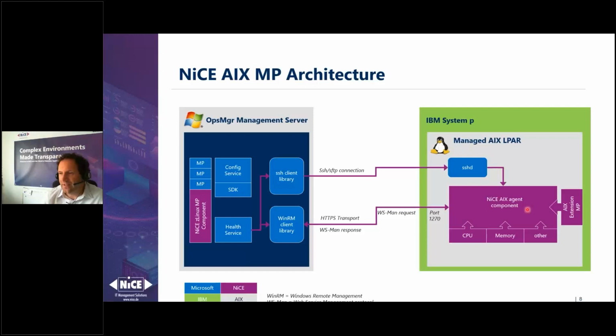The requests come from the management server to the OMI server process, and the data required for monitoring, like CPU usage and memory usage, are provided by these providers, which are plugged into the agent and deliver the data. In fact, that is the only communication channel that is required.